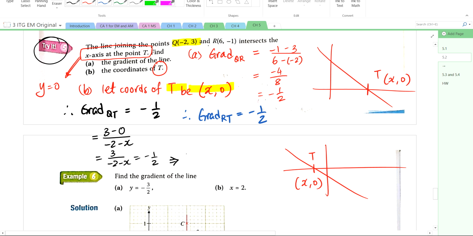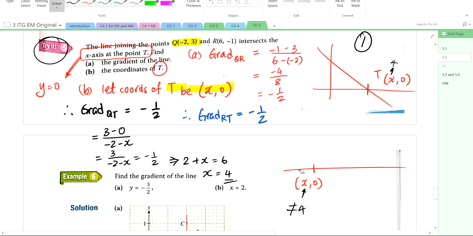Therefore, all the negatives can cancel. 2 plus x equals 6, x equals 4. Based on this, can you tell me whether it's the first graph or the second graph? It must be the first, because my x is a positive value. This being 4 cannot be the second case, because that would be a negative number. So let me remove this.